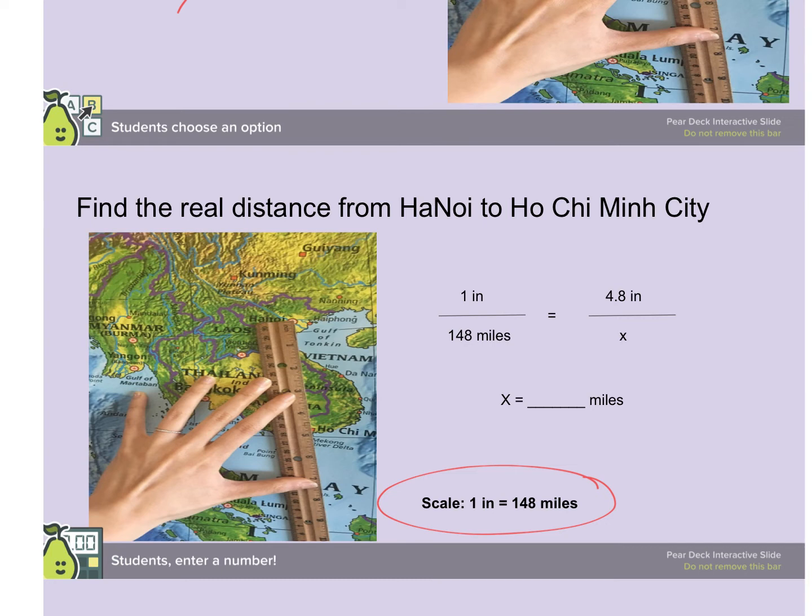All right, let's see if we have the same answer or not. First we're going to multiply the 1 with the x. So we have 1 times x is 1x. And then 148 times 4.8. I'm going to multiply right here. 8 times 8, 64. 8 times 4, 32, plus 4, 36. 8 times 1 is 8, add 3 is 11.